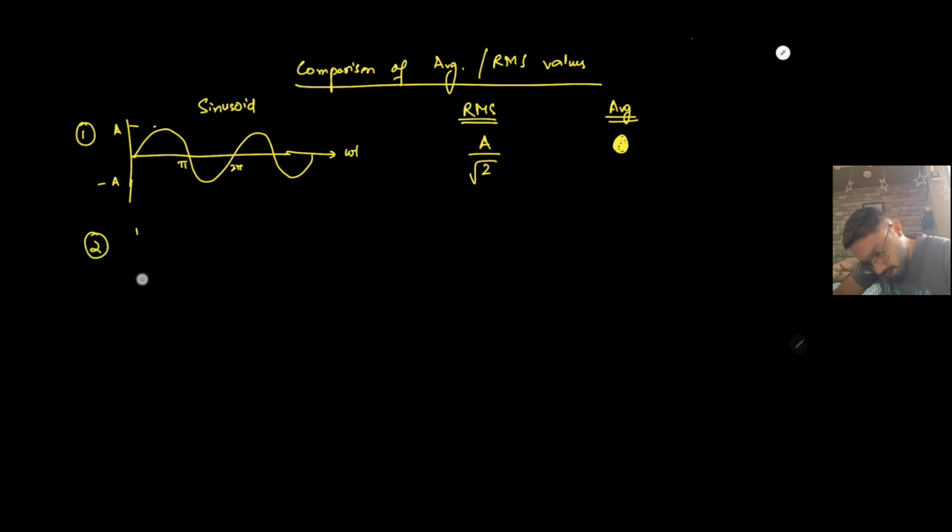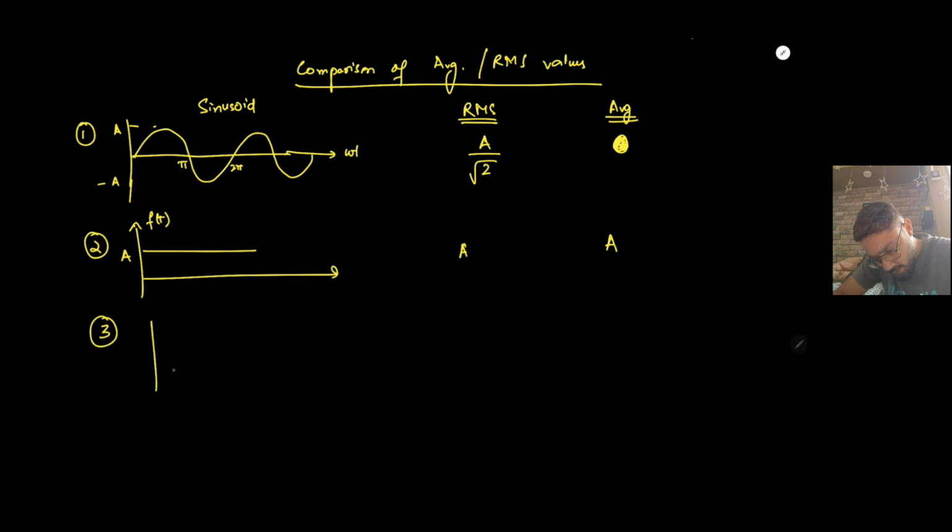Okay. For DC, what is the RMS value? RMS value is A, and the average value is also A. Fine. What about the full wave rectified output?